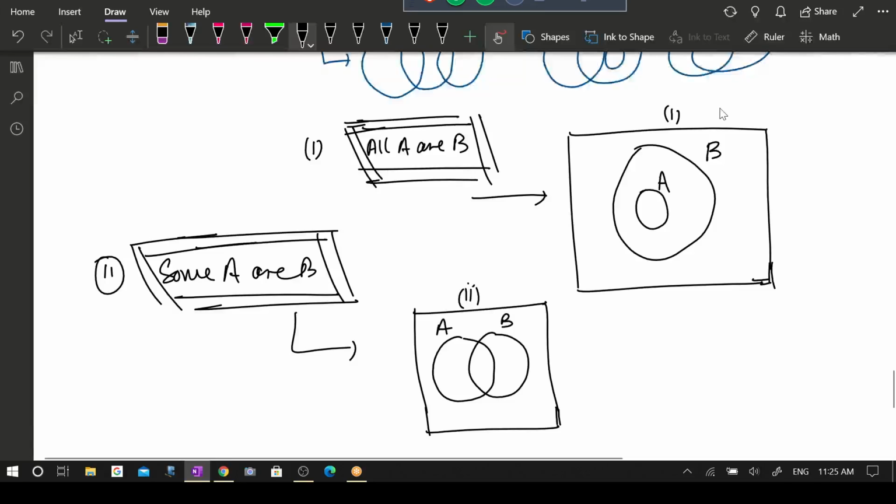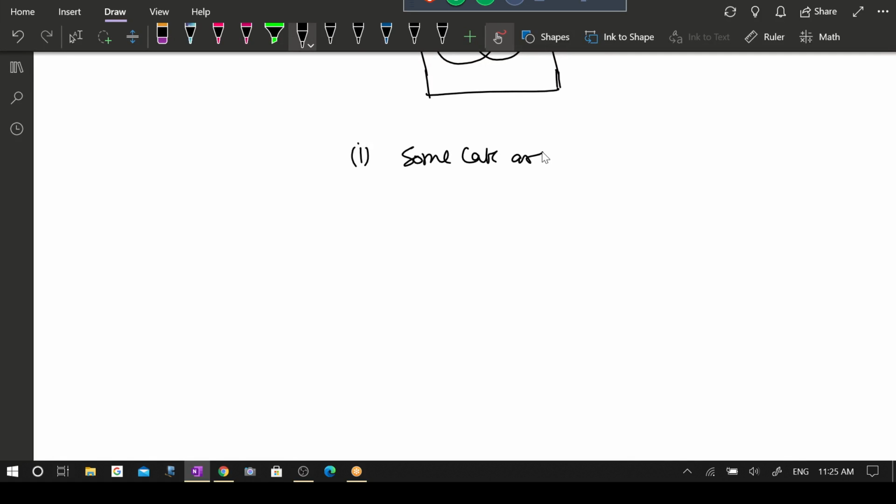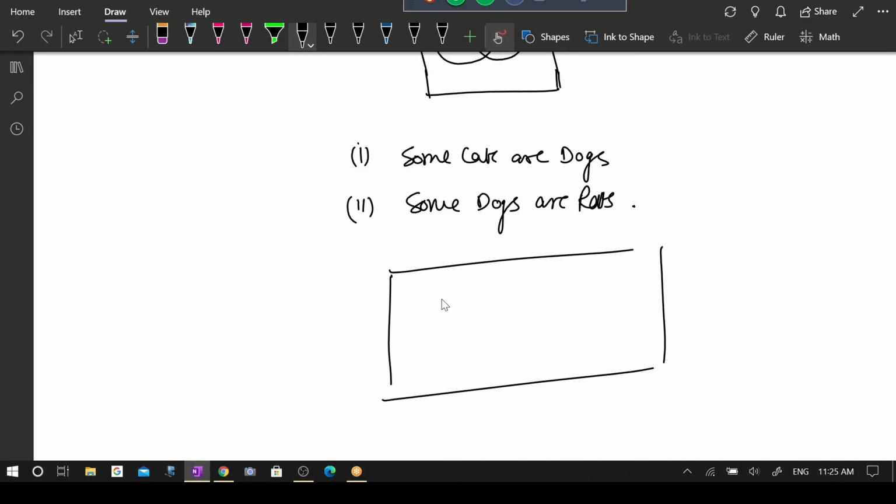So if I have to make a diagram for some cats are dogs, and second, some dogs are rats, I would just make a very simple diagram. This is some cats are dogs and some dogs are rats. This is the only possible diagram we are going to make for our syllogism logic. Clear?